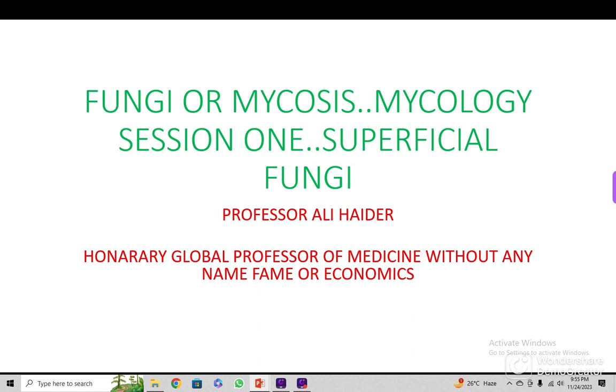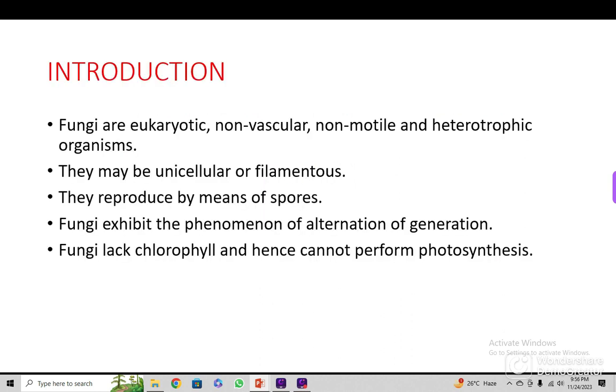First of all, you should understand what we mean by this terminology fungus. They said that fungi are eukaryotic, meaning those organisms which have the nuclear membrane in their cells are called eukaryotic type of cells.